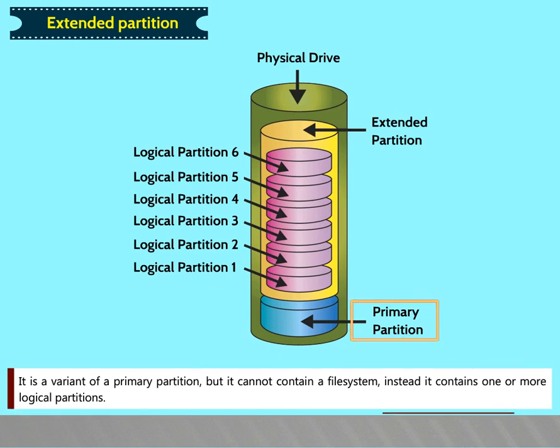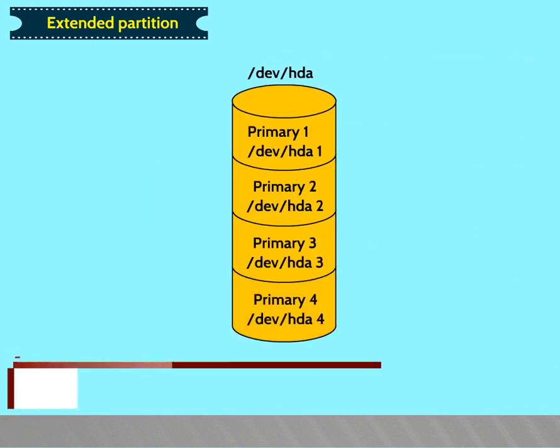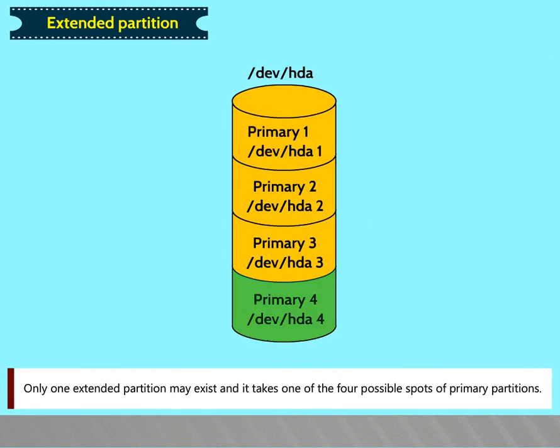It is a variant of a primary partition, but it cannot contain a file system. Instead, it contains one or more logical partitions. Only one extended partition may exist, and it takes one of the 4 possible spots of primary partitions.